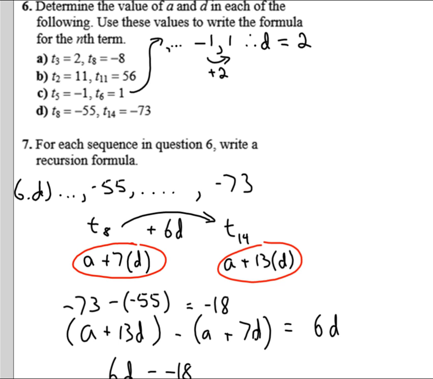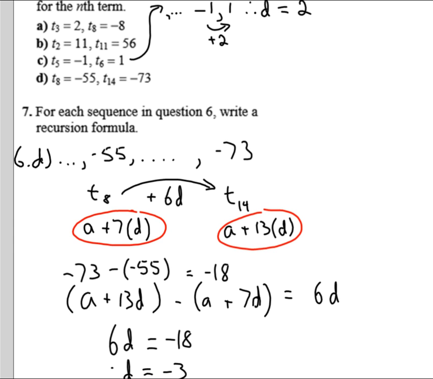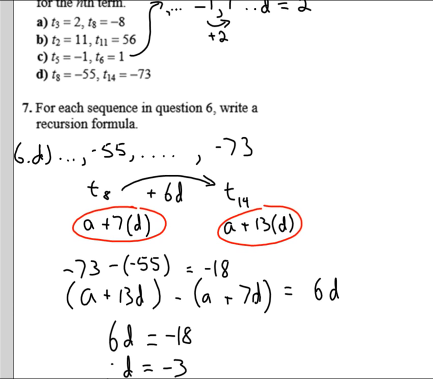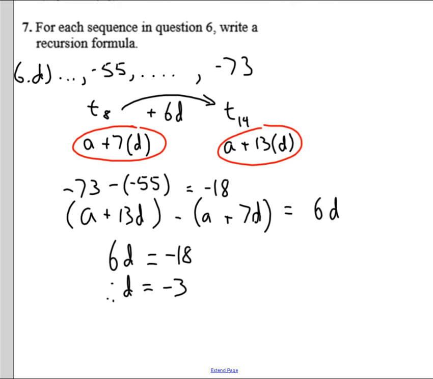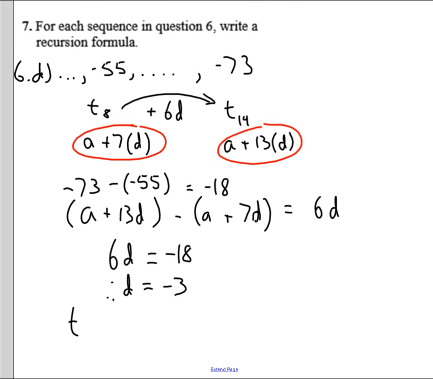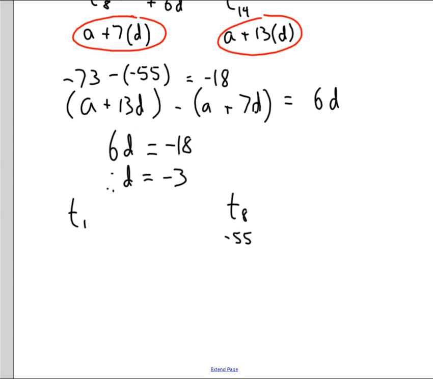We know that the common difference for this sequence is negative 3, and to get term 1, we could recognize that term 8 being negative 55 has seven common differences plus the first term.